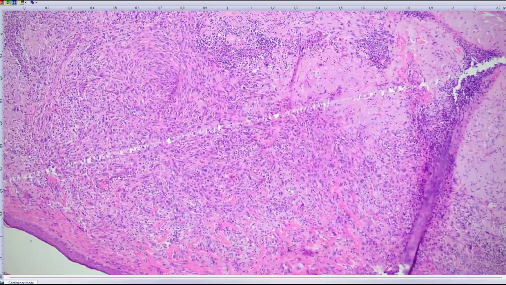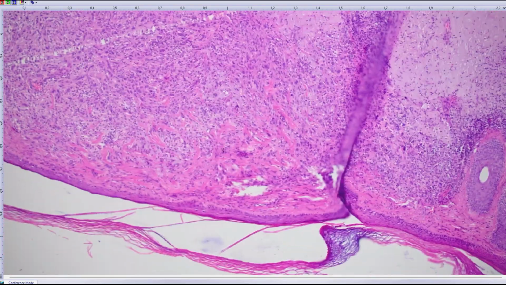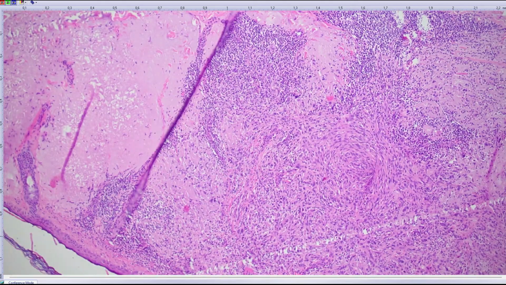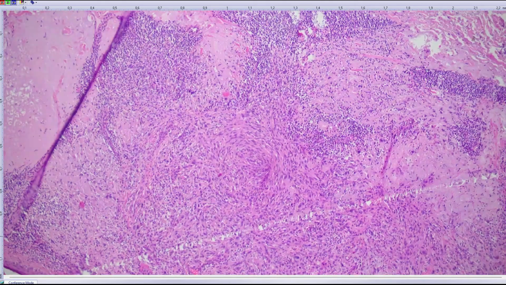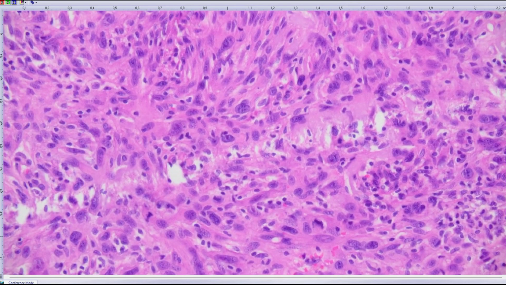Then the epidermis is kind of flattened, but it's hard to say whether there is some atypia or not. It looks relatively normal, but then in the dermis, right beneath the epidermis, you can see a quite polymorphic, very cellular tumor with quite high mitotic activity.